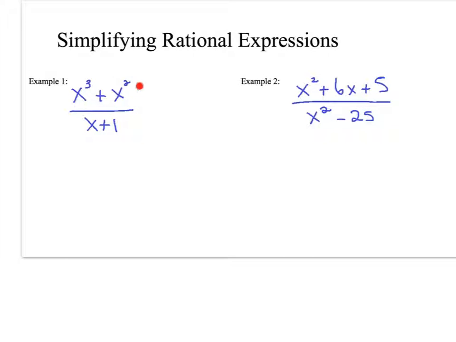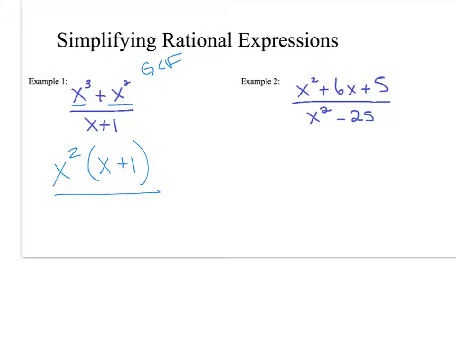What we want to do is factor x to the power of 3 plus x to the power of 2, and I'm going to do that by using the greatest common factor. X squared goes into both x cubed and x squared. That's going to leave me with x plus 1.